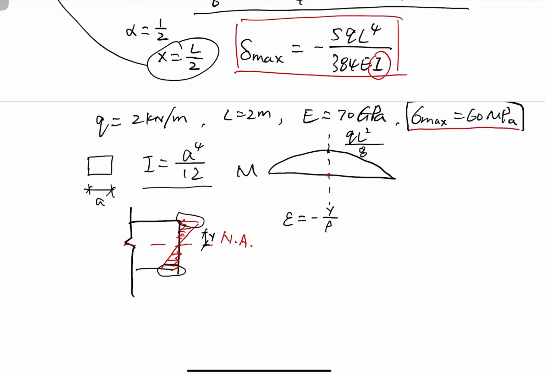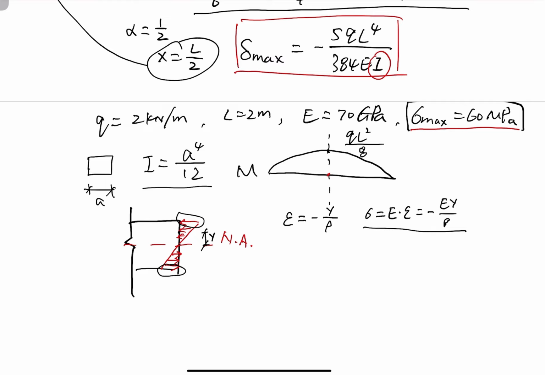Since we are dealing with elastic material, we can apply Hooke's law. The stress is equal to Young's modulus times the strain, which is E y over rho. This is the expression for the stress.